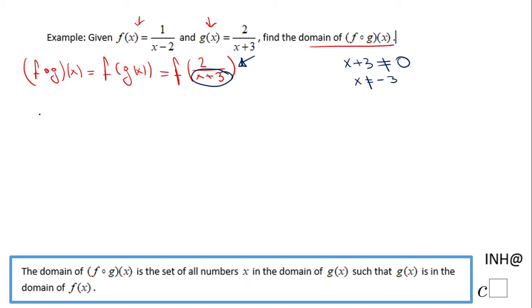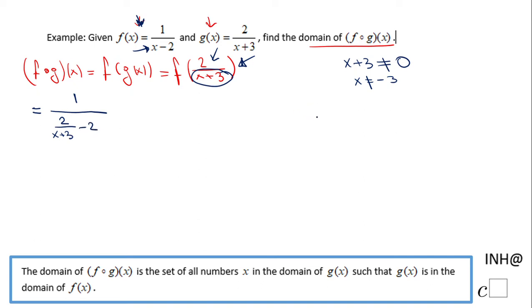So now we can go to the next step, and we can do the composition of these two functions, which says in the f function, which is right here, as I said, we're going to put this g function, and that goes and replaces the x here. And that means we have 1 over, and then instead of that x, I'm going to put the new expression 2 over x plus 3 minus 2.